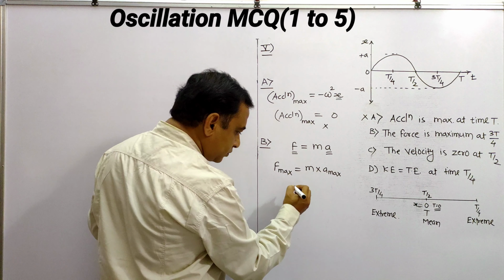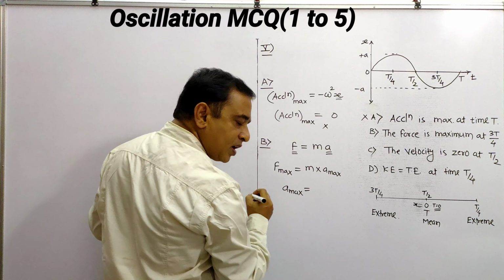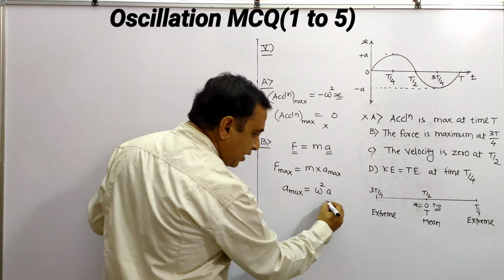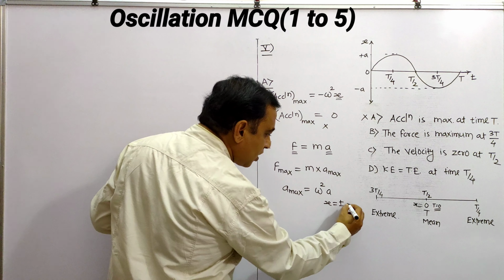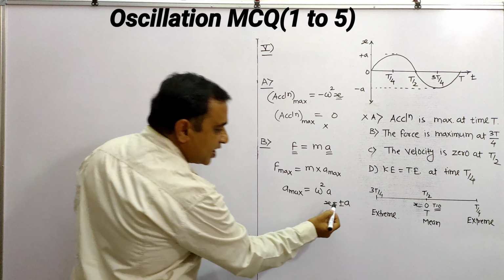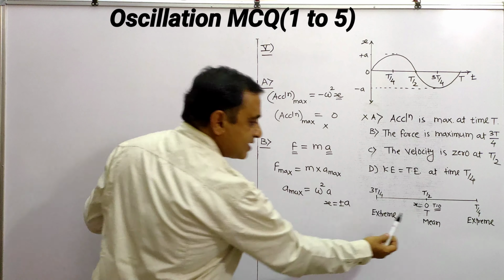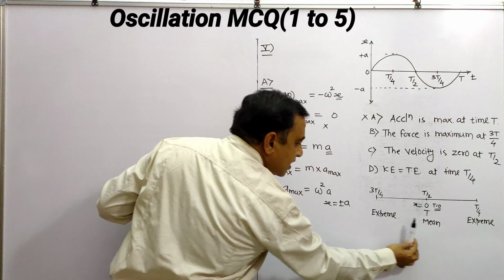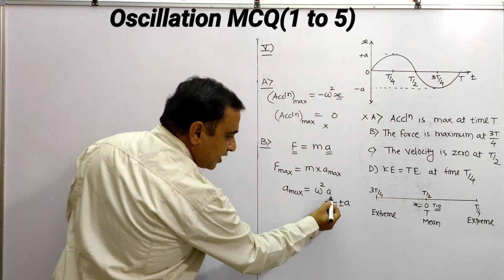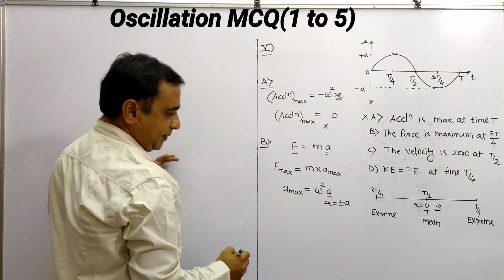Because as we know, A is maximum at omega square into A, when x is equal to plus or minus A. This indicates the direction. If it is positive A, it is at the positive extremity. If it is negative A, it is situated at the negative extremity. So it will decide when it is maximum, when it is omega square into A.